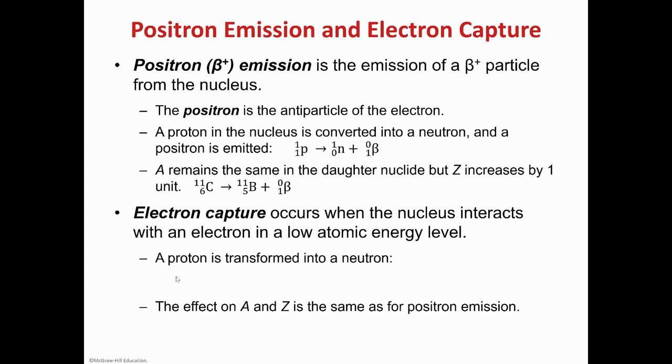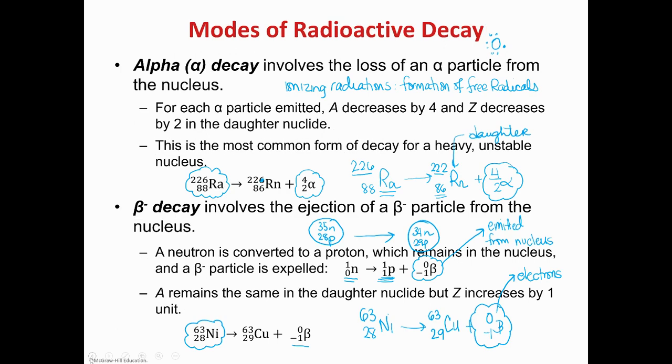There's two other kinds of events that can happen in the atom. Going back though, let me just make one comment. A lot of times, these radioactive events are accompanied by gamma release. So the gamma radiation is an electromagnetic wave.